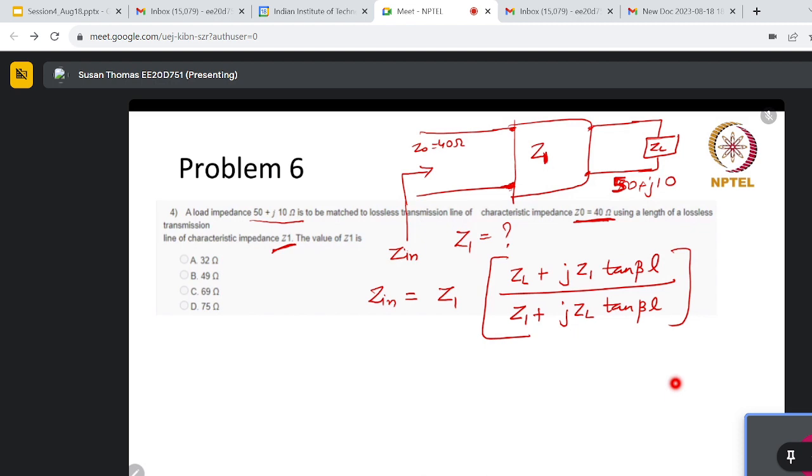Now, this Zin has to be 40 ohms. Based on this network, I can say that this Zin has to be 40. That means this was a complex impedance which needs to be transformed to a real impedance with the help of this particular section.